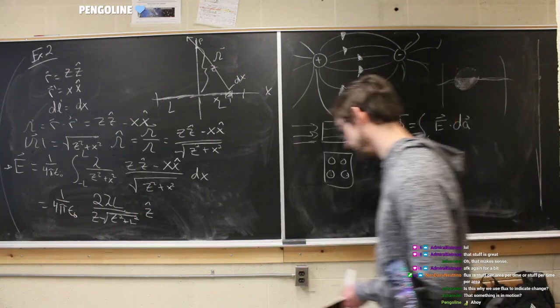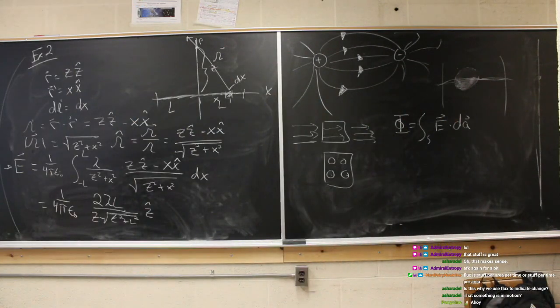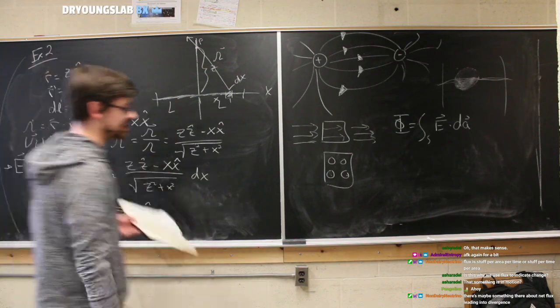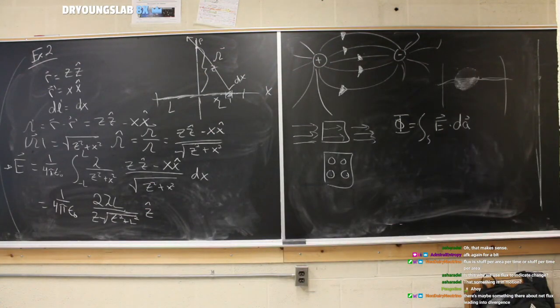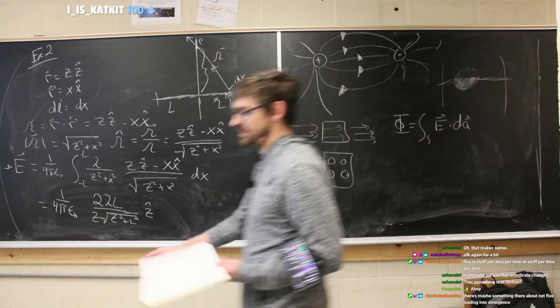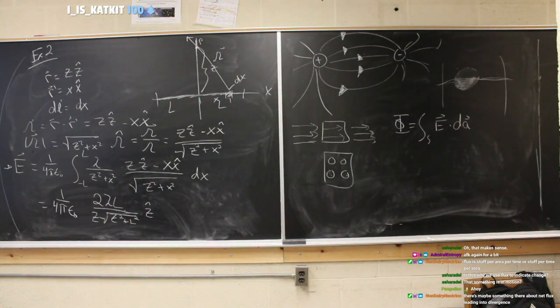The infinitesimally small area, again, we want to integrate that up into the large area, the same way we did with the surface. And a dot product. A dot product is, let me just read the words from the notes. Oh, hey, nice. There's maybe something there about net flux leading into divergence.